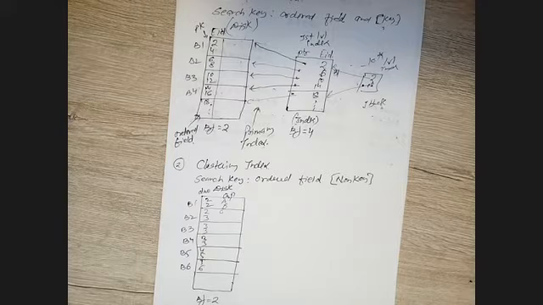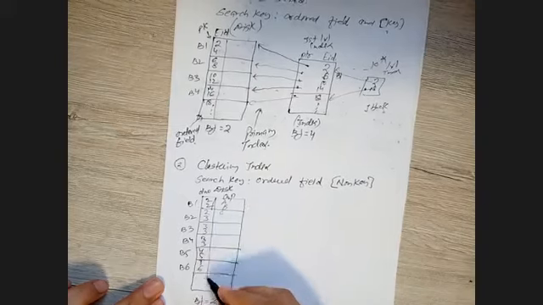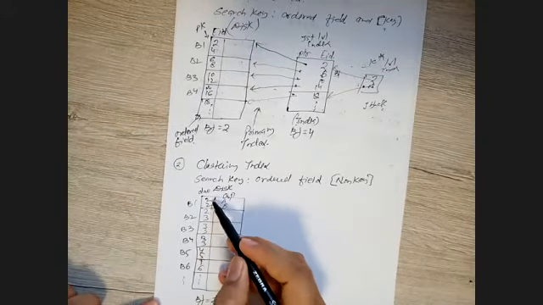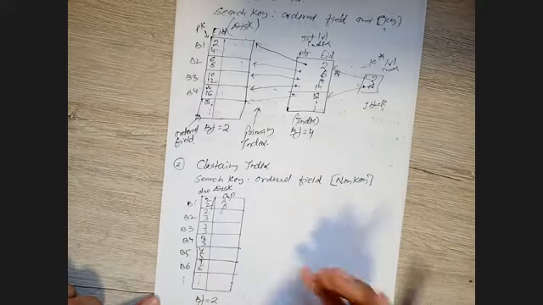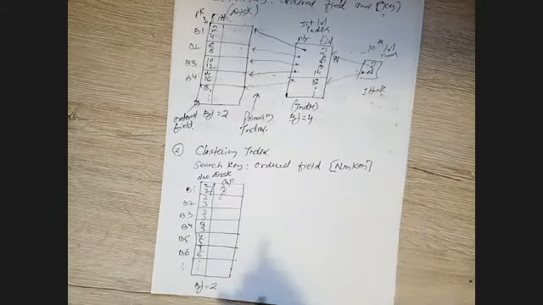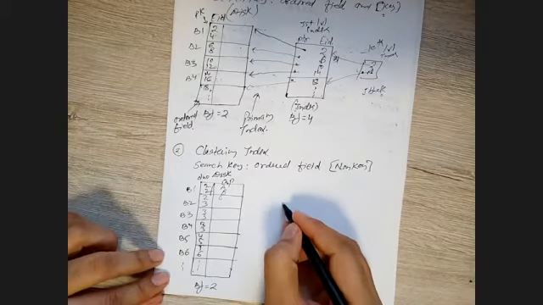So cluster index comes when this field is ordered, meaning we have the values in sorted order, but these are non-key, meaning repeating values are there, it's not the key part, right? So ordered non-key, we use cluster index.